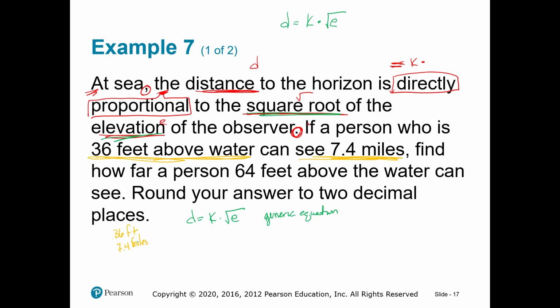Does that represent the D, which is the distance to the horizon? Or does that represent the E, the elevation of the observer? Yeah, elevation, another word for elevation is height, isn't it? So the height of this person, the elevation of this person is 36 feet. And they can see 7.4 miles. That's the distance to the horizon. Do you agree? Okay. Which explains why they have the numbers plugged in where they have them.